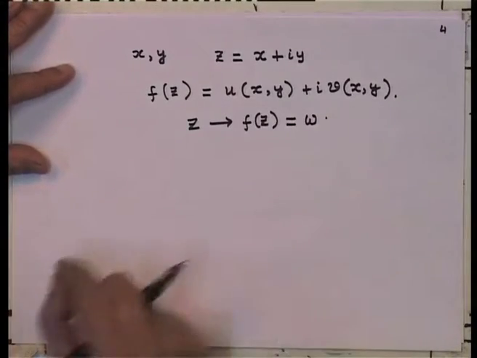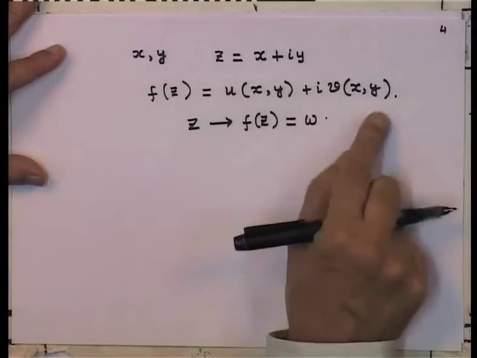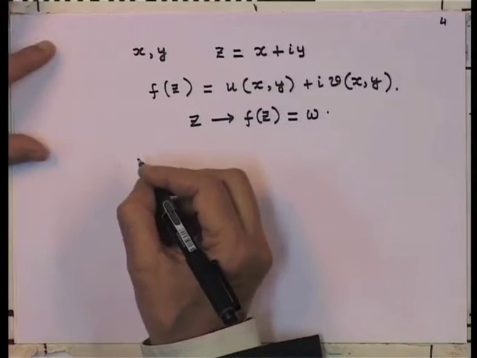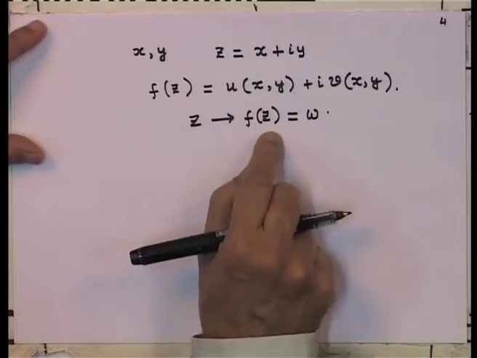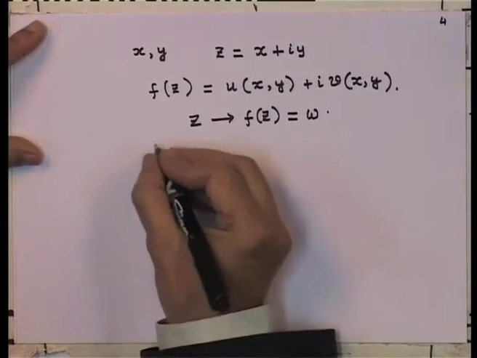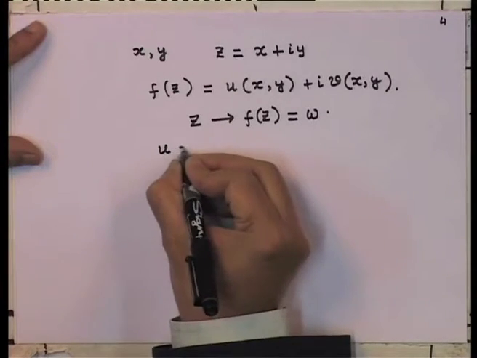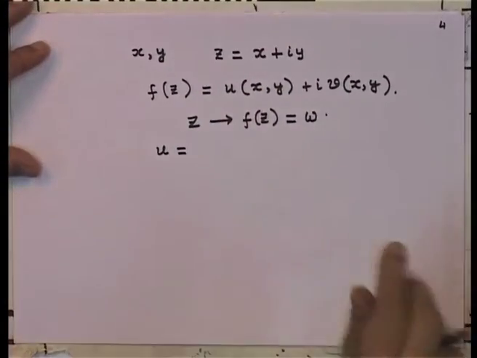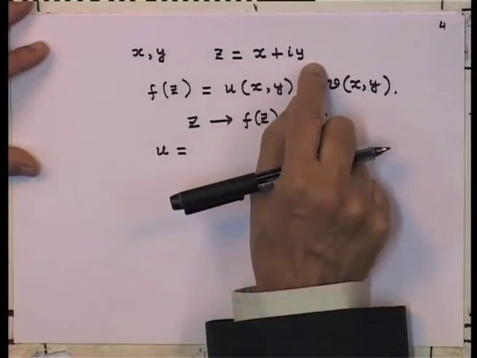Now, let us look at what it means in terms of real and imaginary parts. You notice that the real part of f z, which is the real part of w, is equal to u. So, this is written in terms of x plus I y.